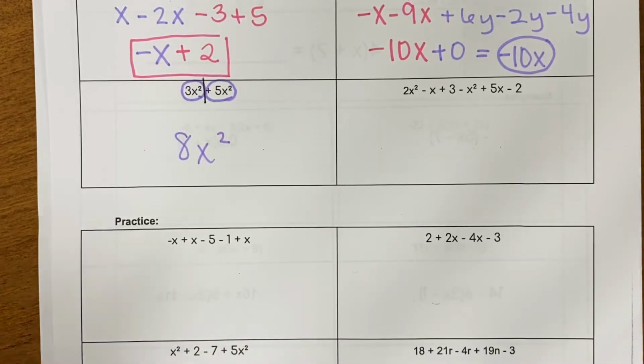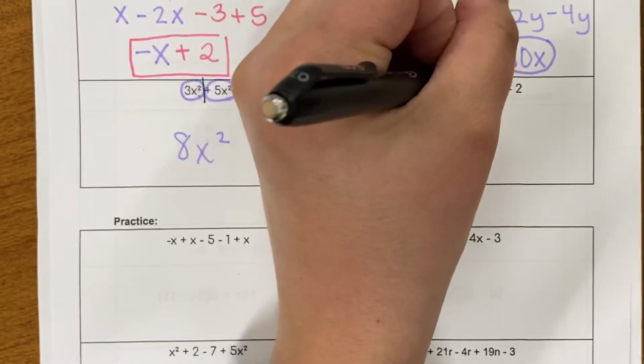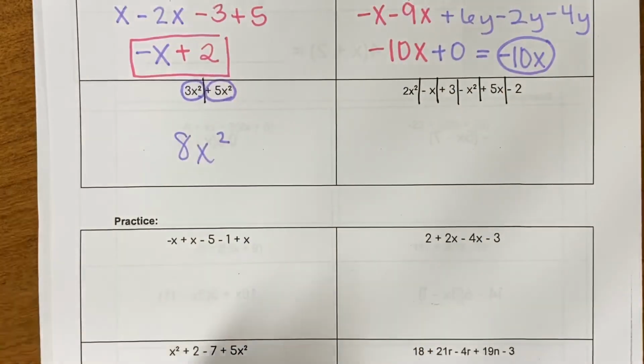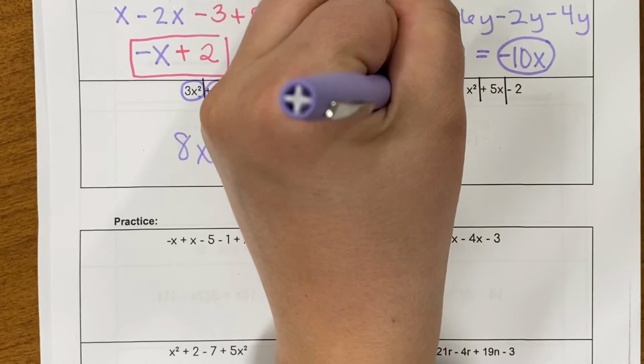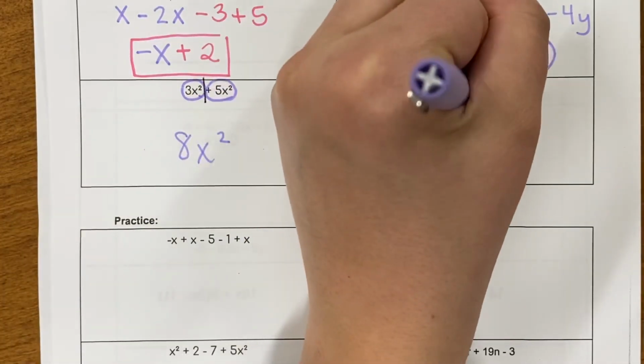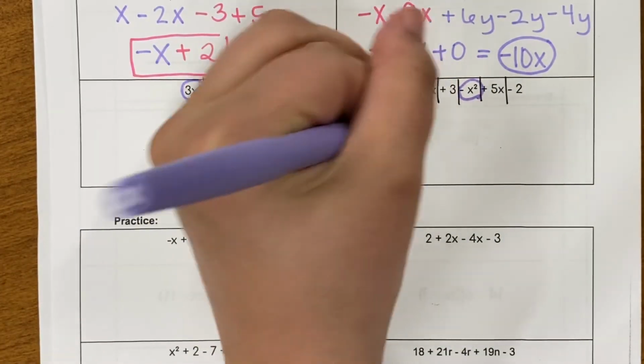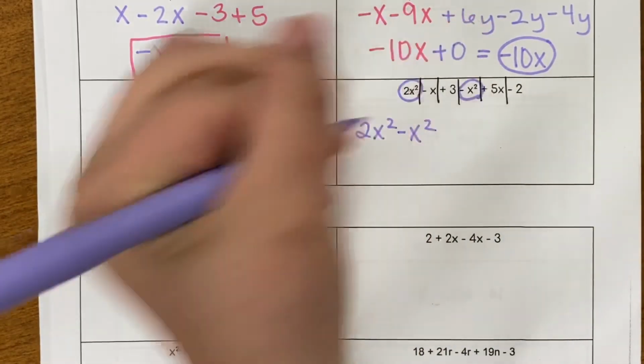In this last example here, I know my terms are separated by addition and subtraction signs. The sign goes in front. So the first thing I see is x squared. Now I'm going to look for any other x squareds. I see one more. So I have 2x squared minus x squared.